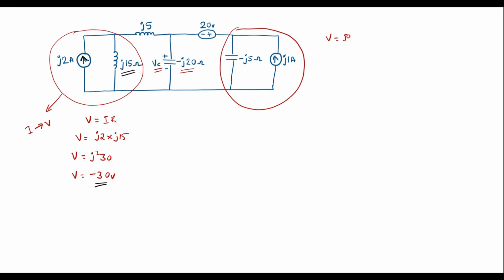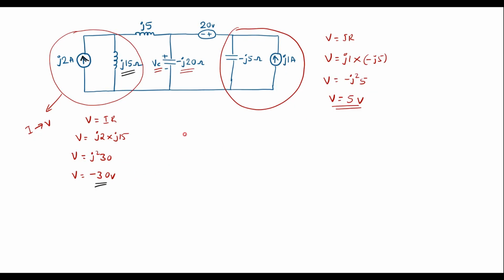V equal to IR, V equal to I is J1 into R is minus J5, that is V equal to J into minus J is minus J square, 1 into 5 is 5, that is V equal to J square means minus 1, this is minus, that is plus 5 volt. So this current source is replaced by 5 volt.